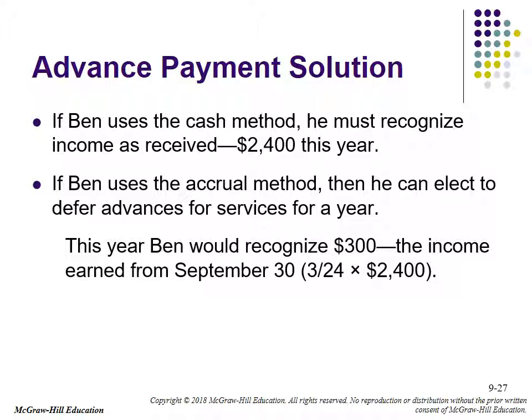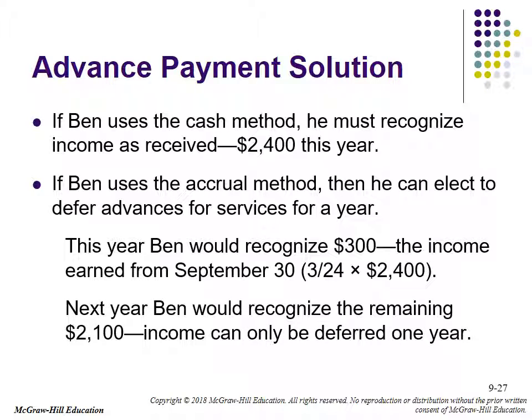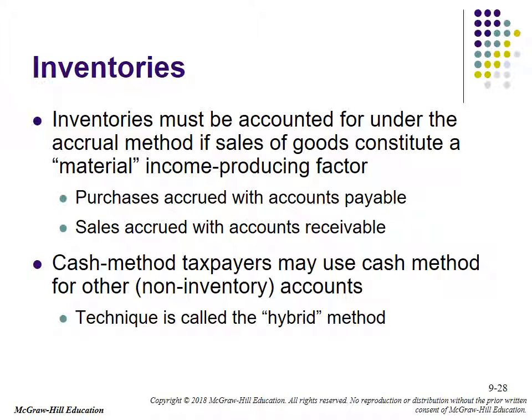This year, Ben would recognize $300, the income earned for the last 3 months of the year. But next year, he'll recognize the remaining $2,100. He can't let that gap over into even the following tax year. And that's what they mean by that rule.